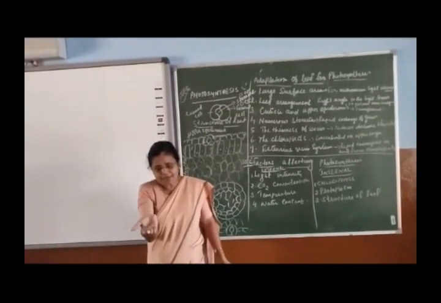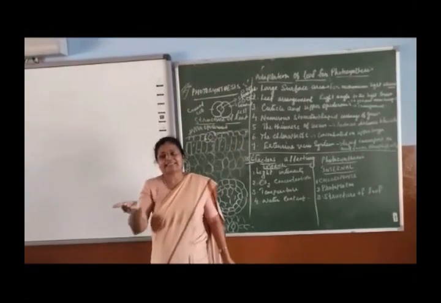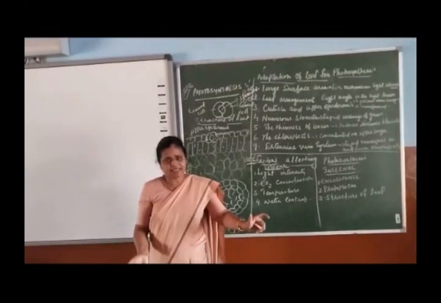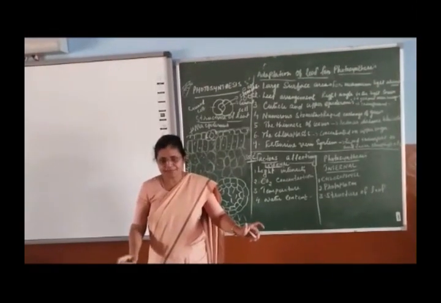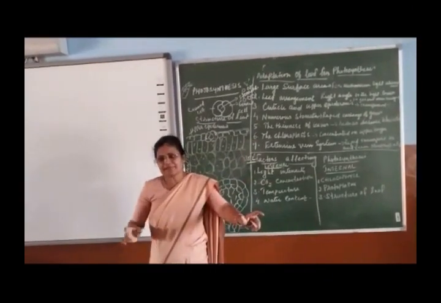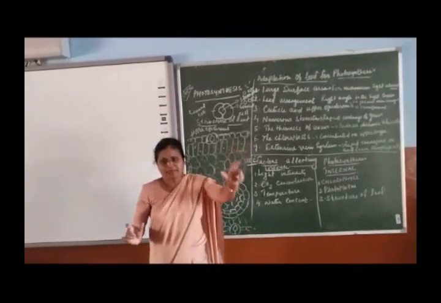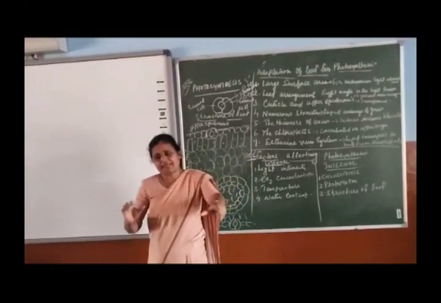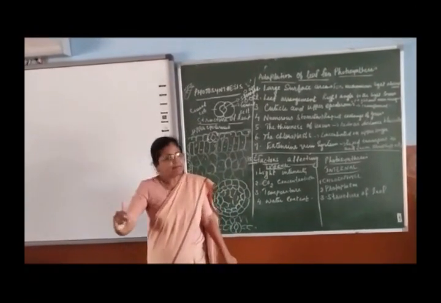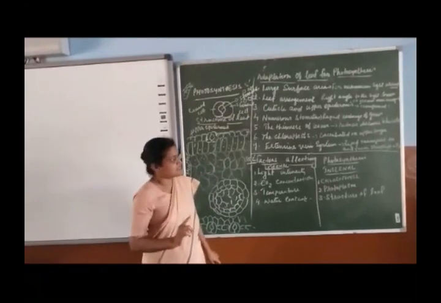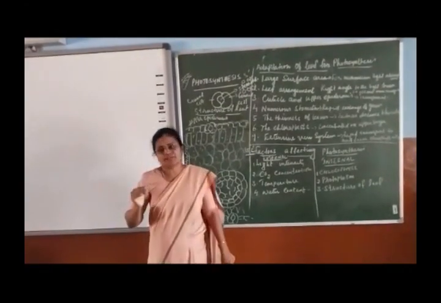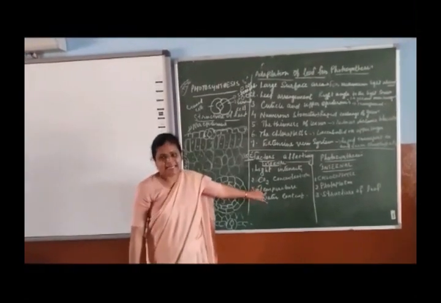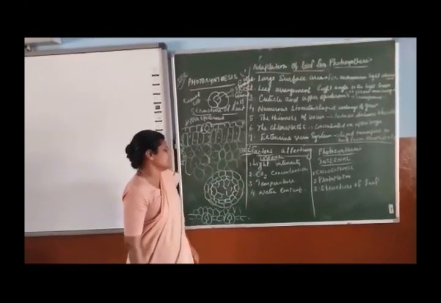Which means if it is 10% photosynthesis at 10 degrees Celsius, 20% will take place at 20, 40 at 30, and maybe 50 or 60 at 40, but the optimum temperature is 35 degrees Celsius. Thereafter, the rate of photosynthesis decreases. So the temperature affects the rate of photosynthesis indirectly.